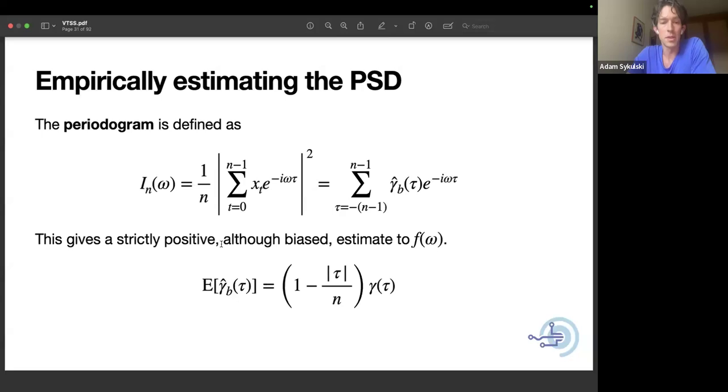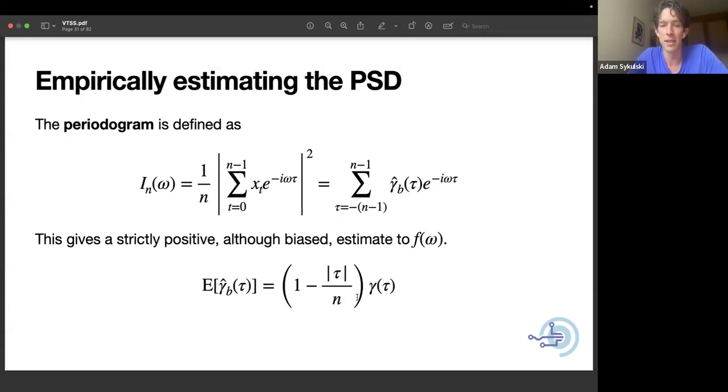So this will end up giving a positive, although biased, estimate of F, because the expectation of our biased autocorrelation function has this triangle kernel placed before the true autocorrelation, such that it's going to be biased for all non-zero lags, right?